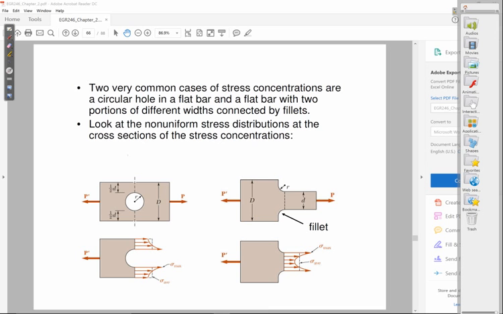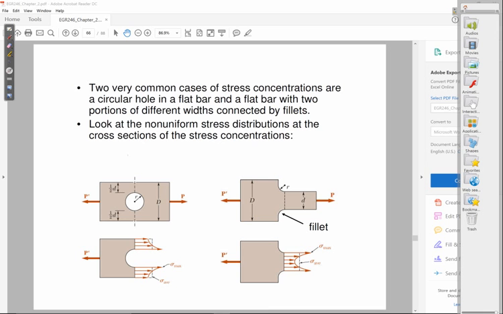If you look at how the force is distributed, right where the transition starts to happen, the largest stresses are right at the transition. Okay, then it decreases towards the middle. Okay, so what that means, again, is stresses right at these 2 points reach the ultimate value faster than at any other location.